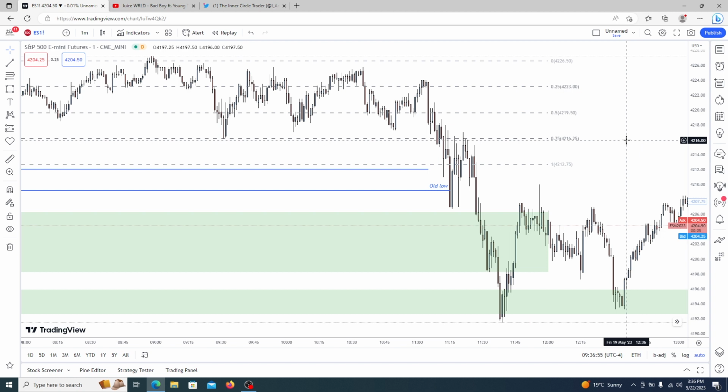Obviously, you should be taking your trading ideas from the higher time frame and only executing on lower time frames, as the mother or the higher time frame would be the parent to the lower time frame.